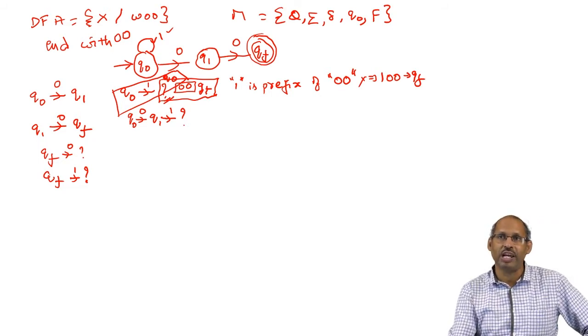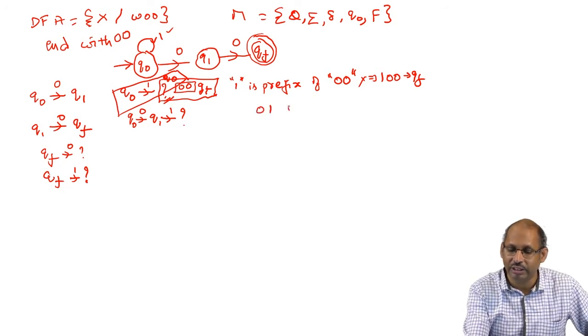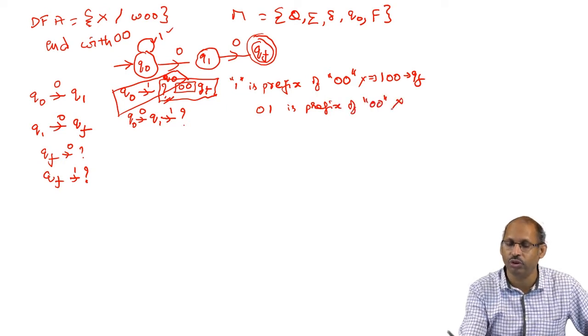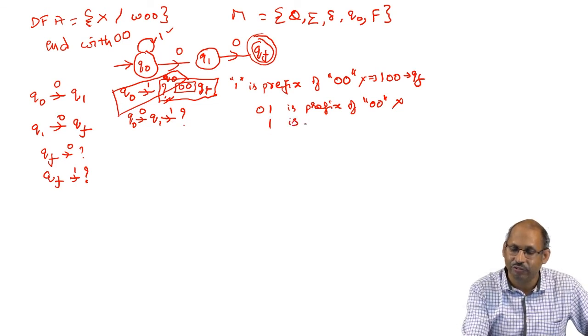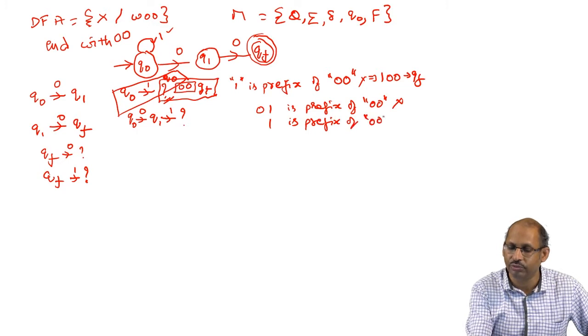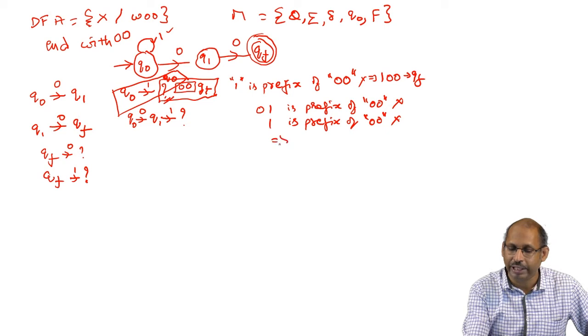Now, is 0 1 a prefix of 0 0? No. Is 1 a prefix of 0 0? No. What is it implying?